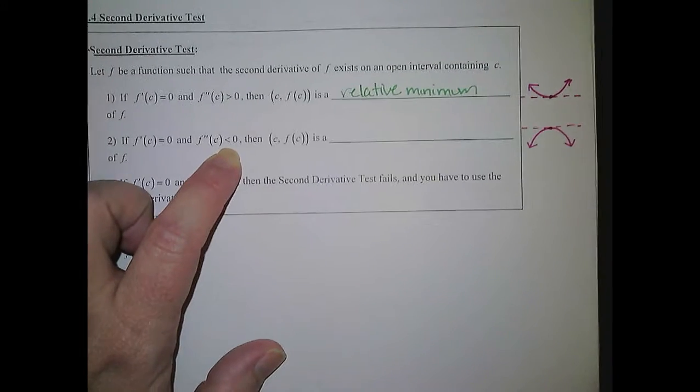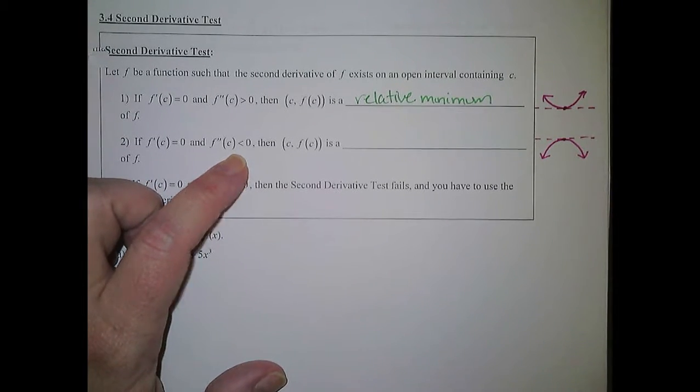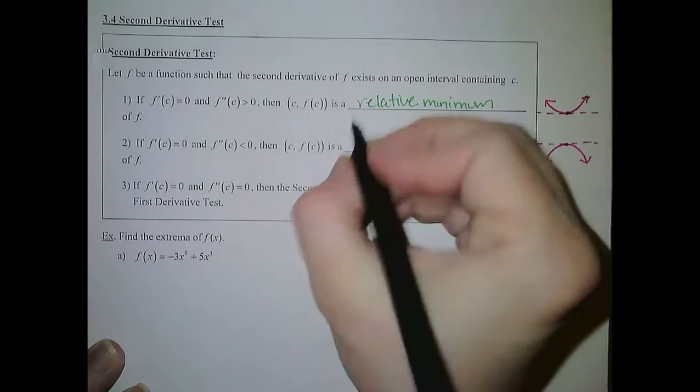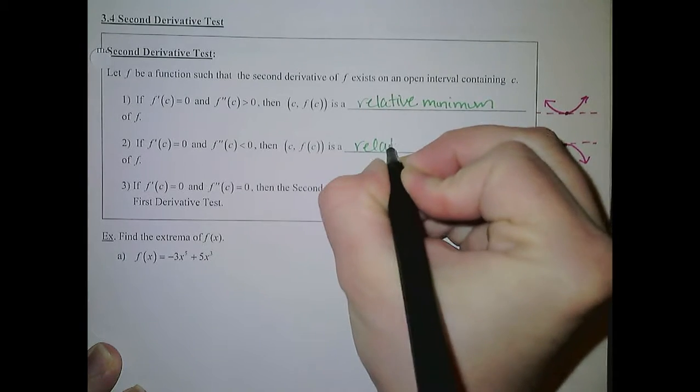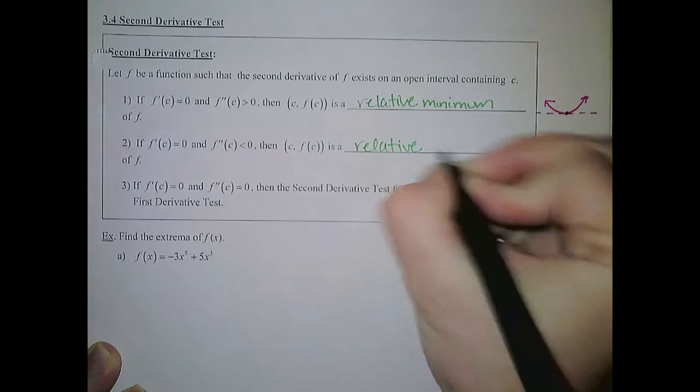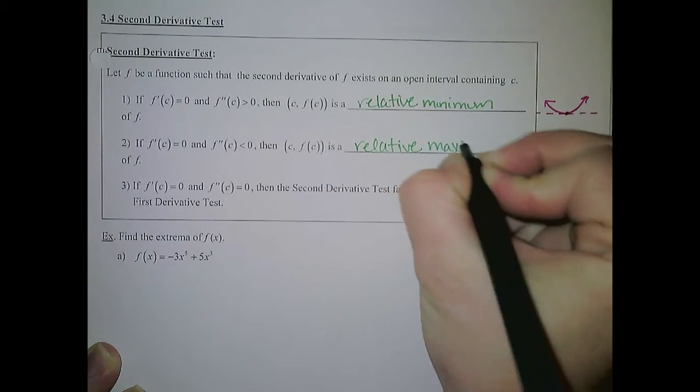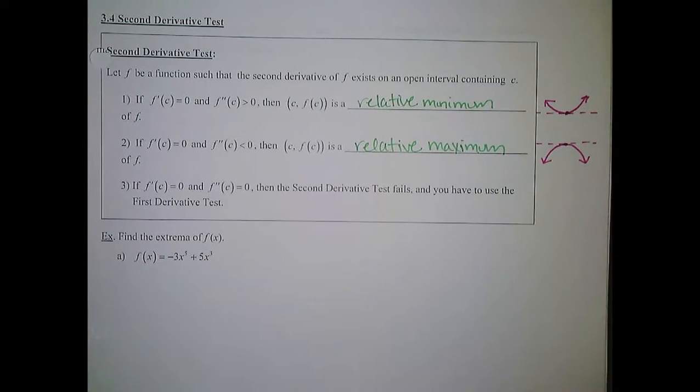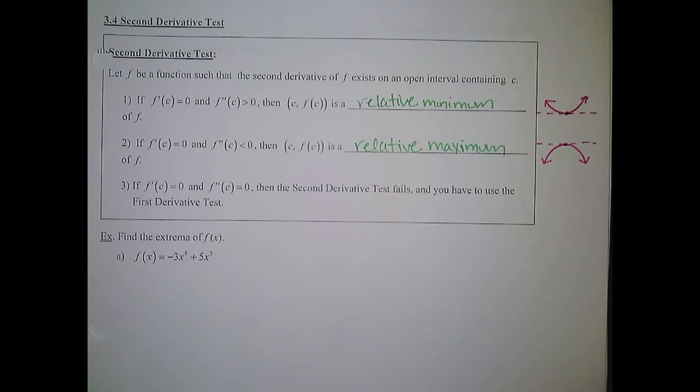The only way that could happen is if that point is a relative maximum. So we can put together a critical number, specifically a point where the derivative is 0, a horizontal tangent line, and knowledge of the concavity, and still determine whether we have a relative maximum or a relative minimum.